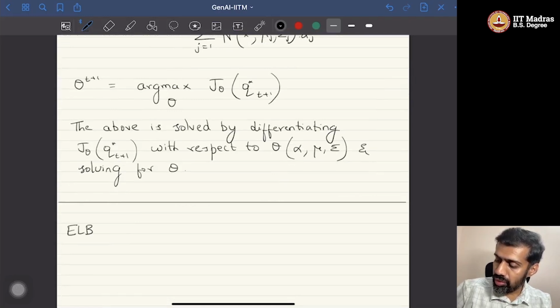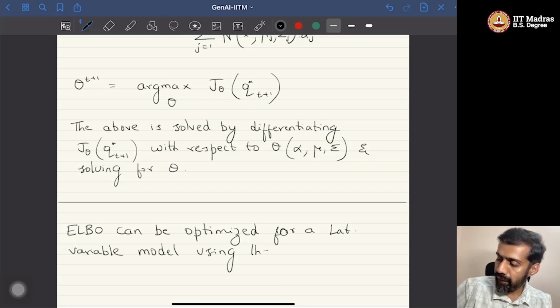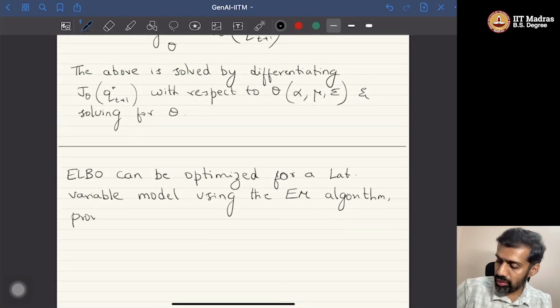ELBO can be optimized for a latent variable model using the EM algorithm, provided p theta of z given x can be computed.